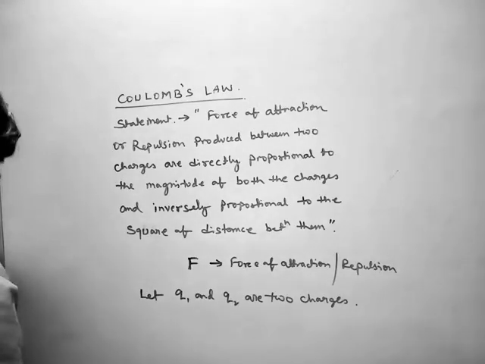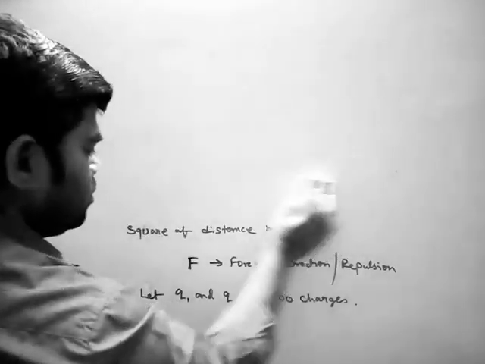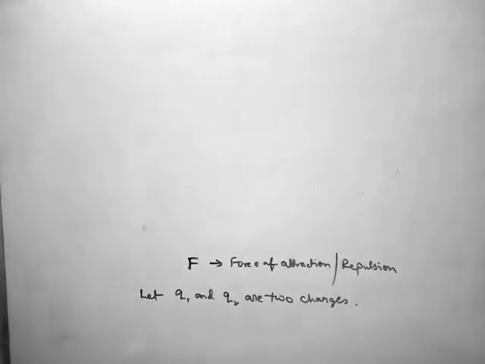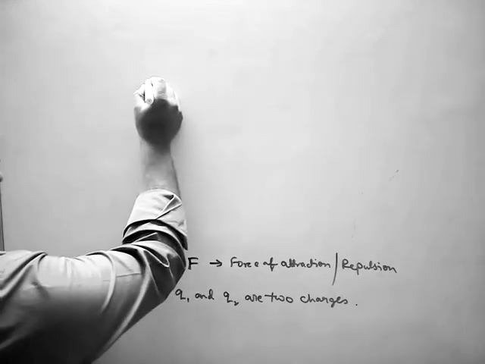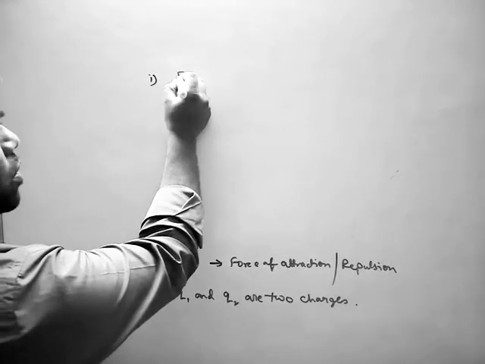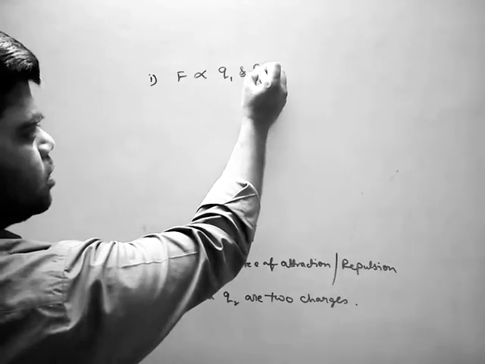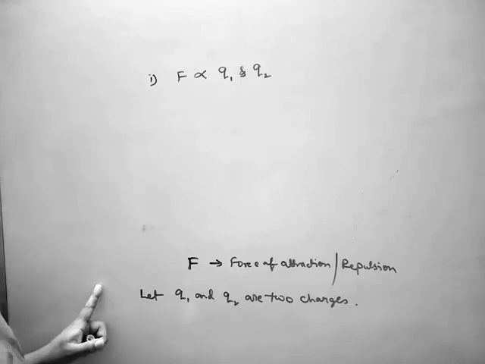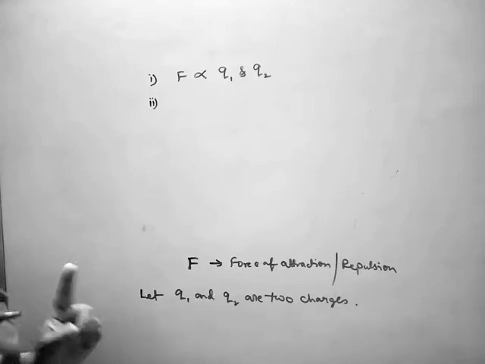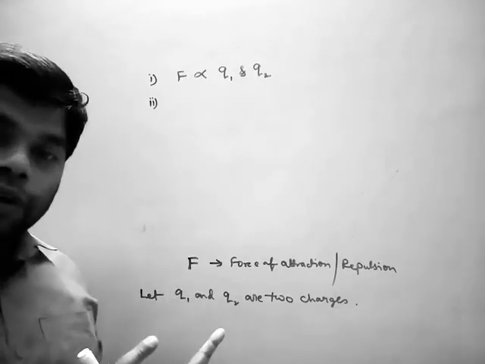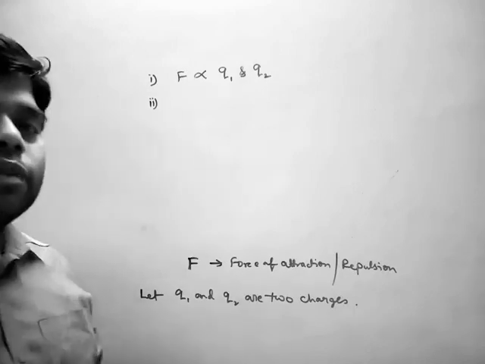Is it clear? According to the first statement, I will write number 1: force is directly proportional to Q1 and Q2. Clear? Second statement: the force of attraction and repulsion is inversely proportional to the square of the distance between the two.